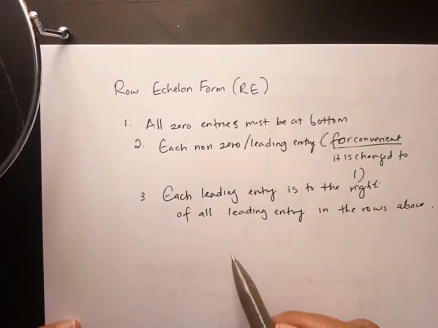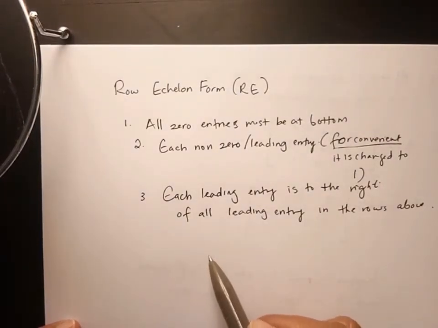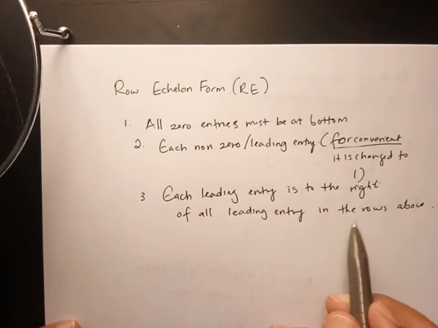So the leading entry for row 2 must be to the right of all leading entries in the rows above.